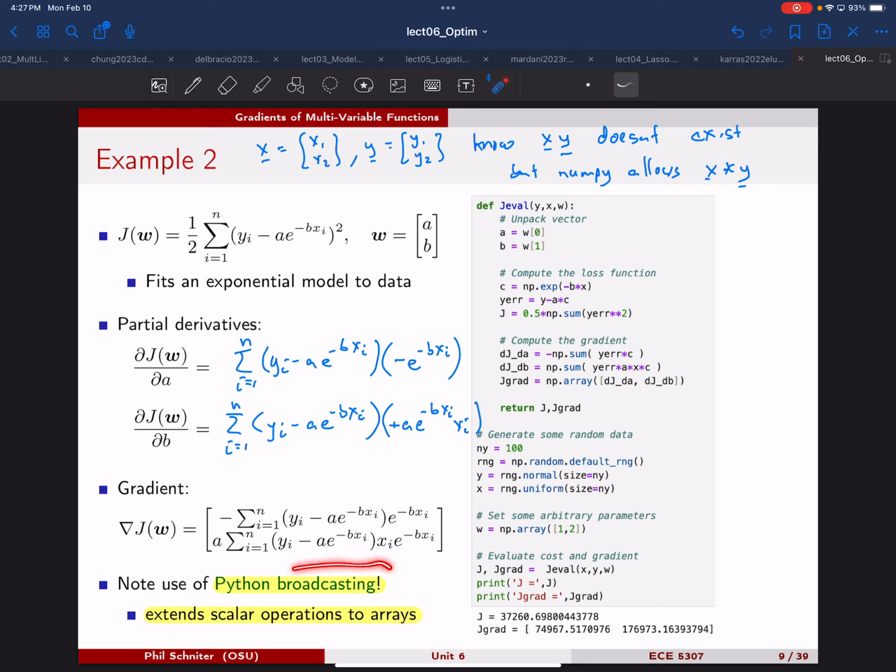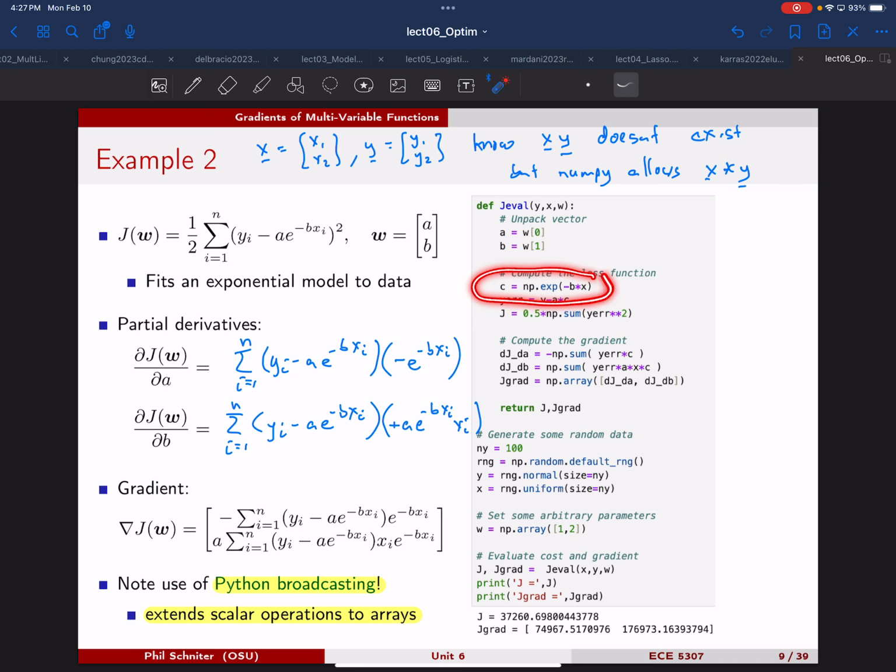That is called Python broadcasting. It's just one example of how you can apply scalar operations to vectors and matrices in ways that are kind of illegal from the perspective of matrix algebra, but if you understand that these are scalar operations, you just need to interpret them differently. We can see that happening in several places.